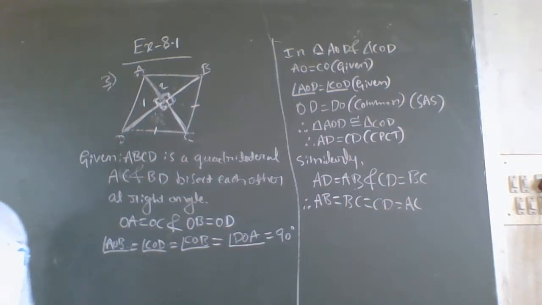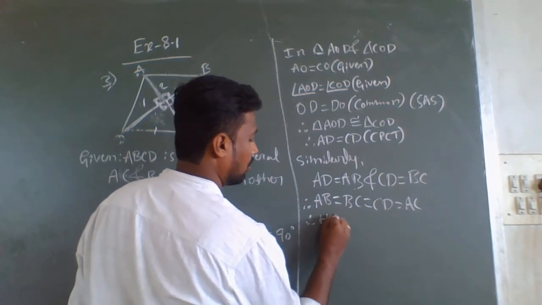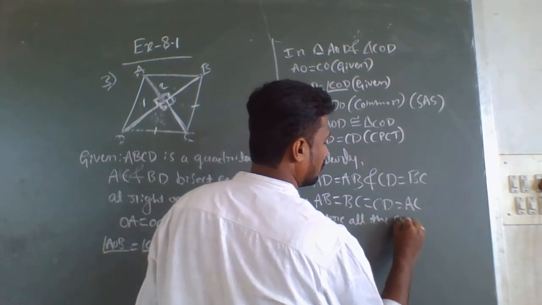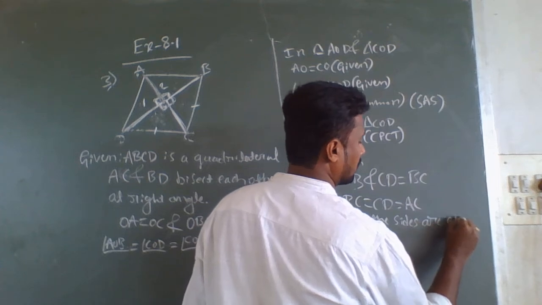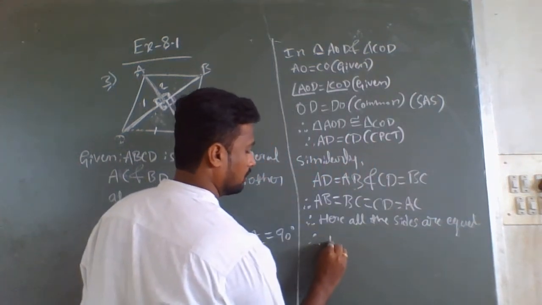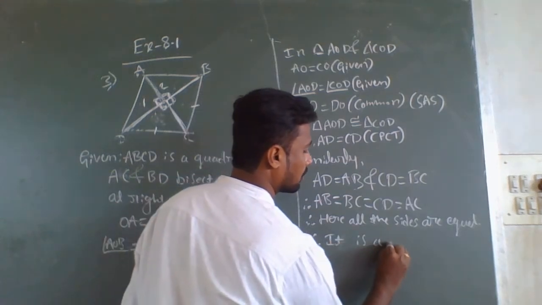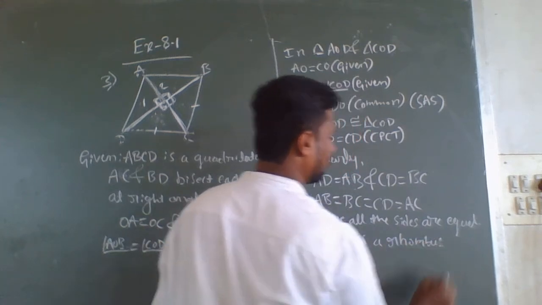What have I been given? You have to prove this as a rhombus. Therefore, all the sides are equal, so it is a rhombus. So we proved it is a rhombus.